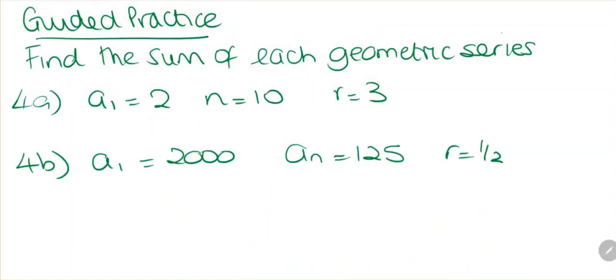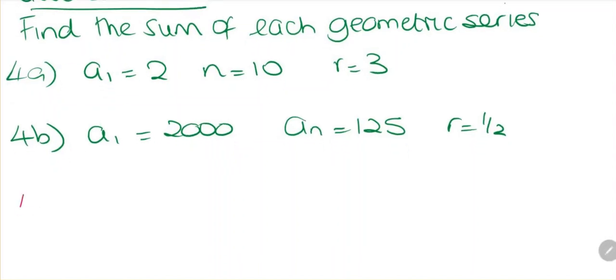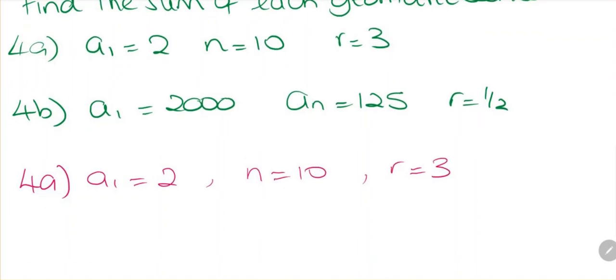So the guided practice, we have 2 questions, and we're asked to find the sum of each geometric series. So pause the video, have a go, and when you're ready, press play. So we'll look at 4a. I'm just going to rewrite the question. A1 we're told is 2, the number of terms is 10, and the ratio is 3.